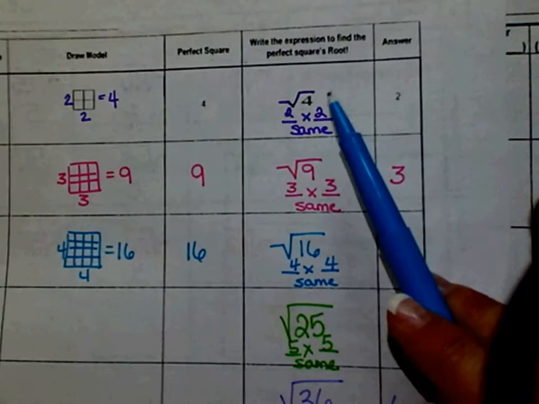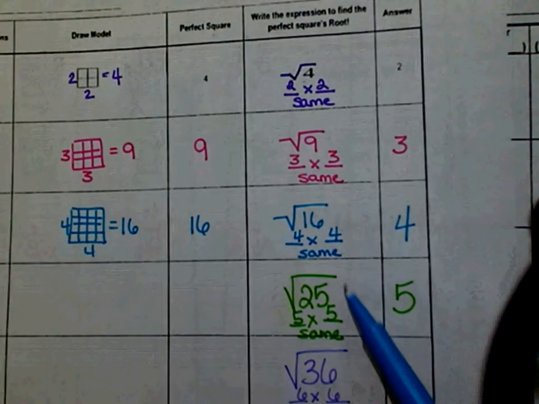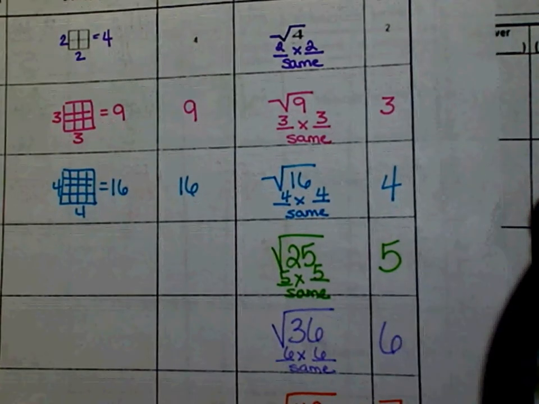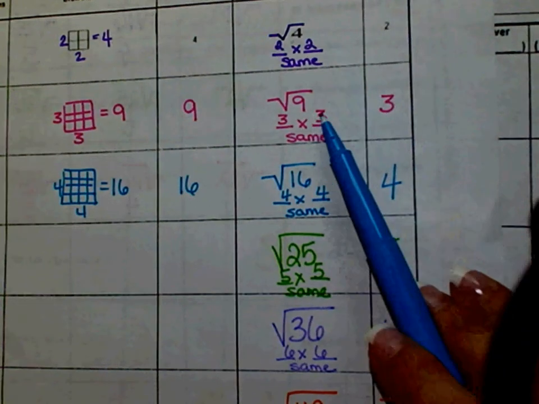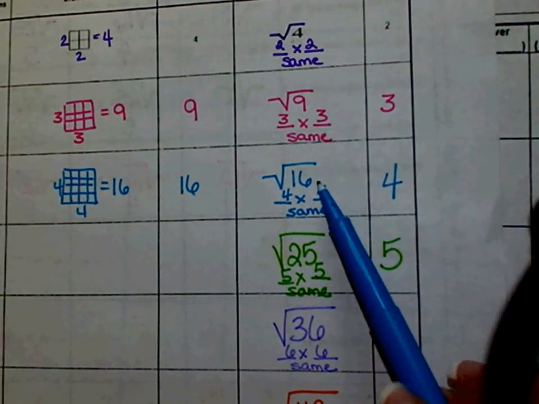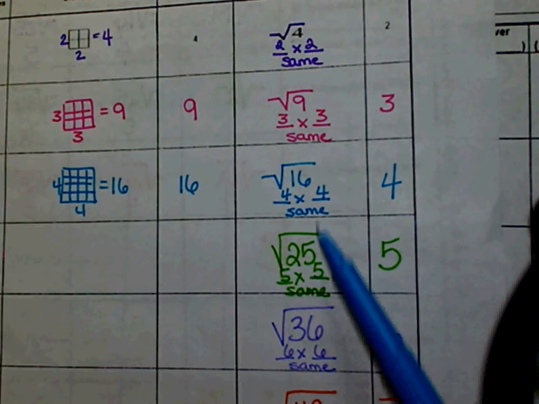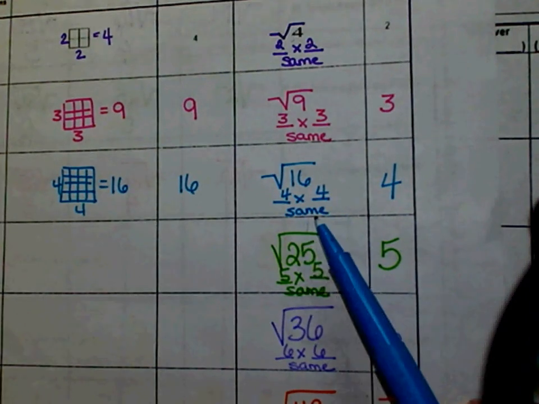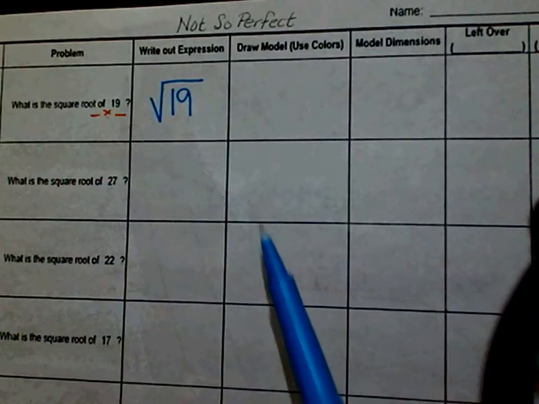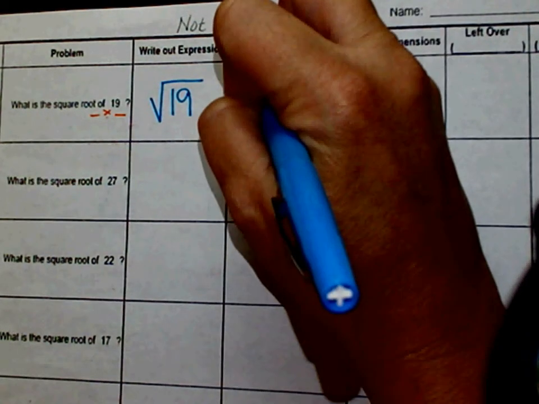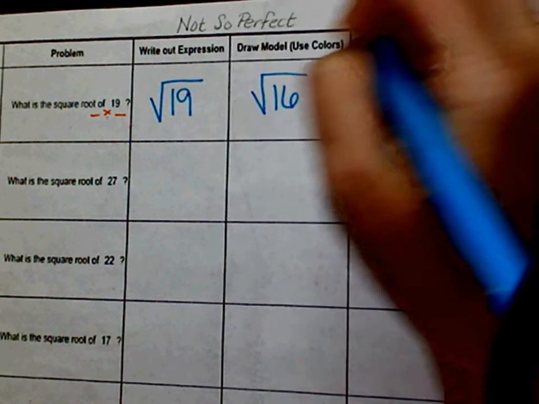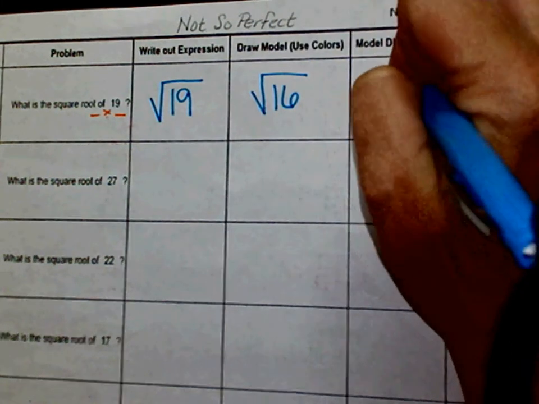What perfect square would 19 fall between? We'll look at it like just a normal whole number. 19 would fall between 4 and 9? No. 9 and 16? No. 16 and 25? Yes. 19 would fit somewhere in between there. So we are going to say that 19 is in the middle of the square root of 16 and 25.